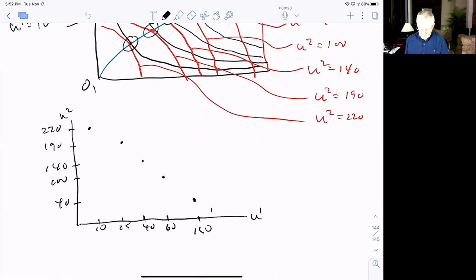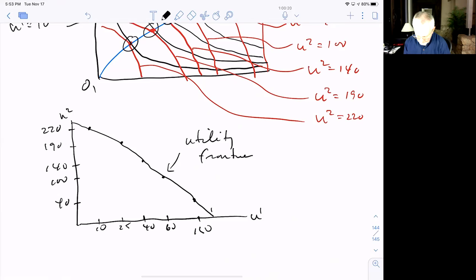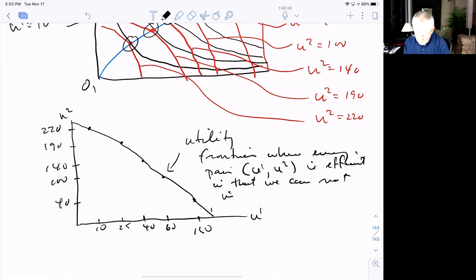And so, if I did the same for every single point on my contract curve, I looked at what the levels of utility for both persons 1 and 2 were at that point on the contract curve, what I would be drawing is a utility frontier, where every pair on that frontier of U1 and U2 is efficient, in that we cannot increase one person's utility without decreasing the other's.